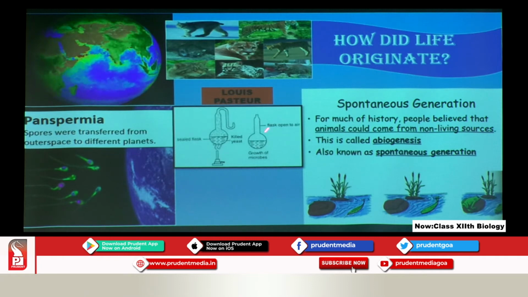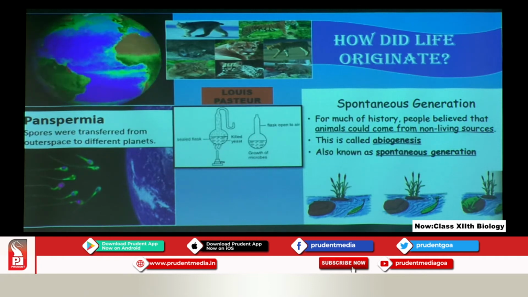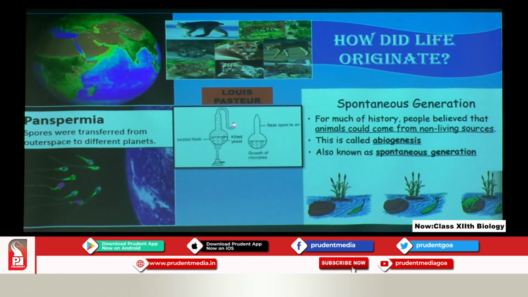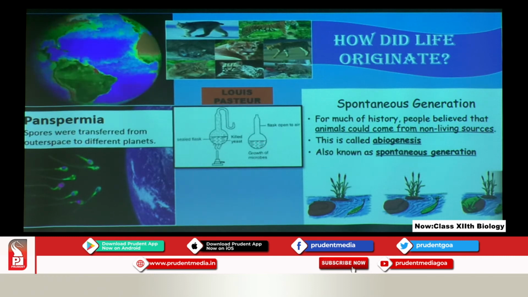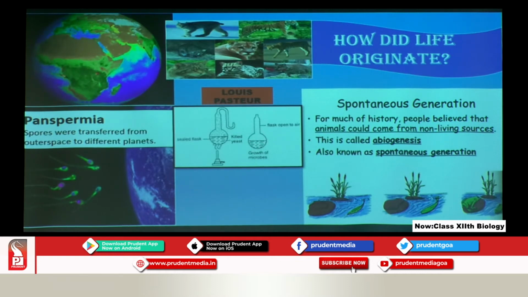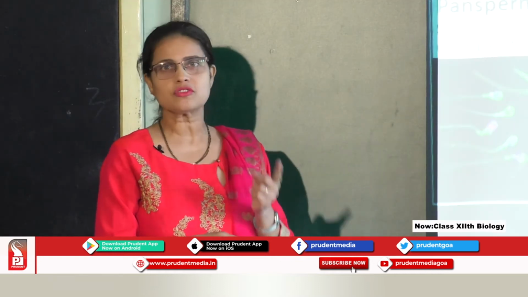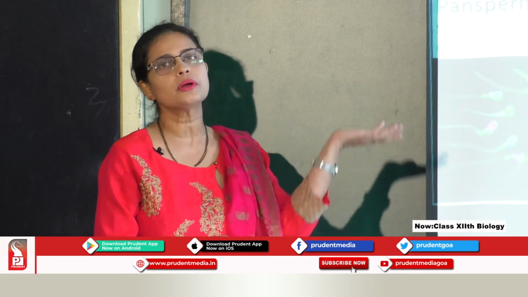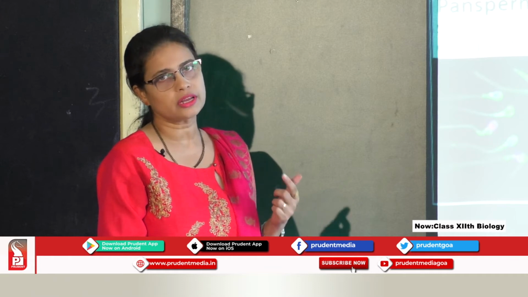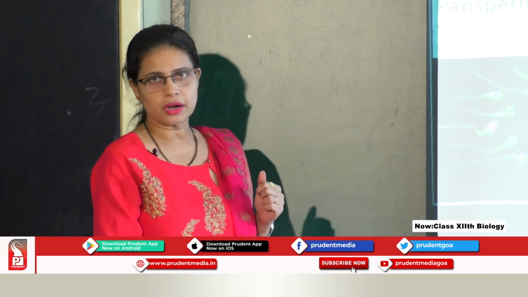Now this flask in the second situation has direct access to the open air, and immediately what happened, all the microbes could reach the interior, and that is how the microbial growth occurred very fast in the second situation. So all this proved that if life has to emerge, it has to emerge from pre-existing life, and Louis Pasteur calls it biogenesis, opposite of abiogenesis.